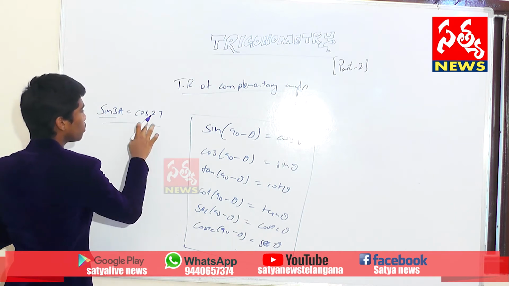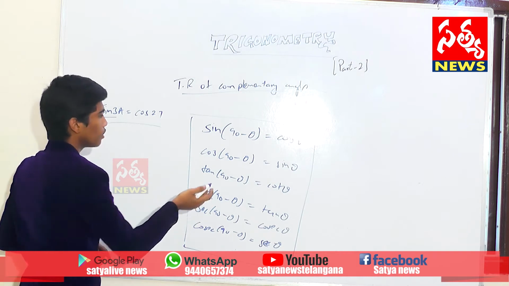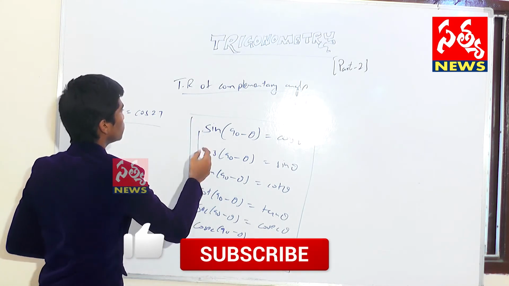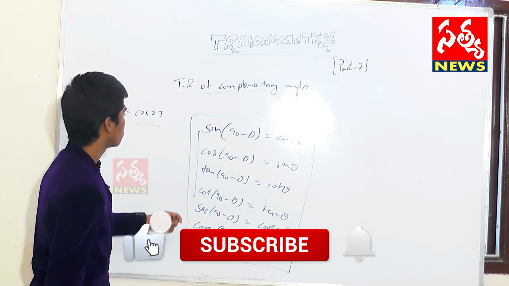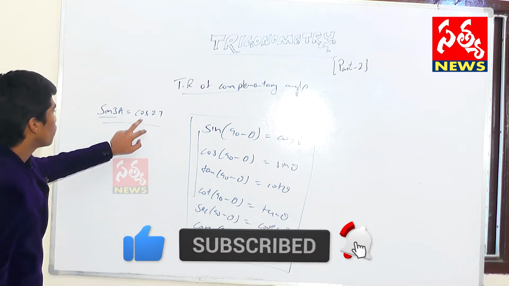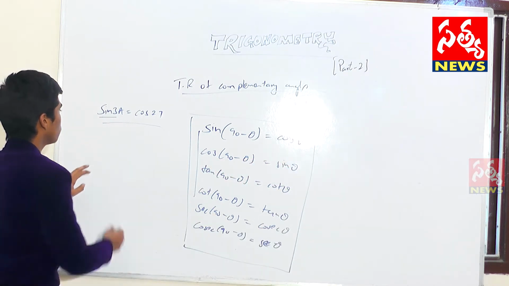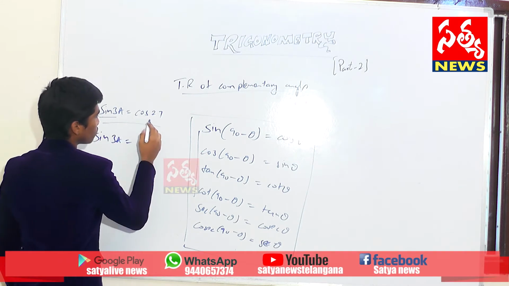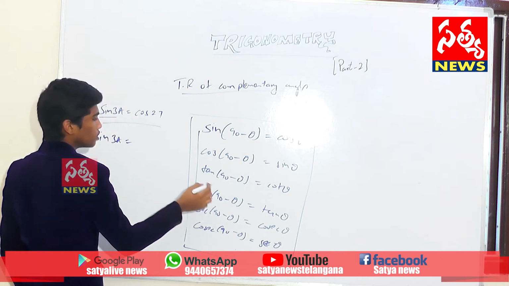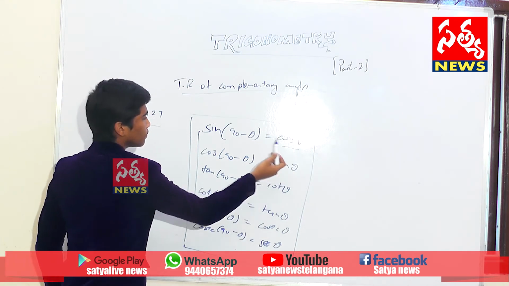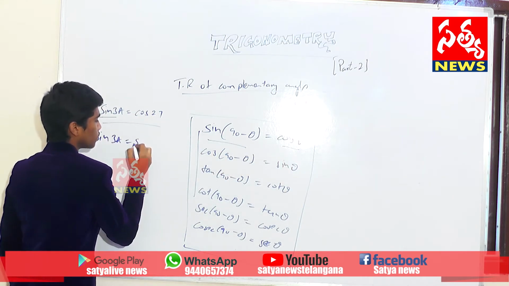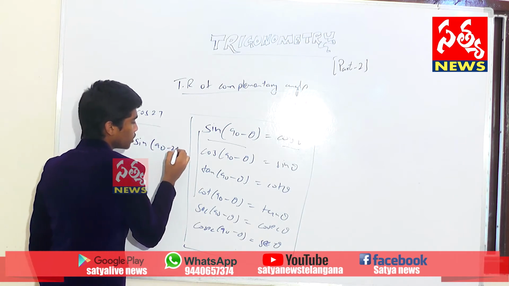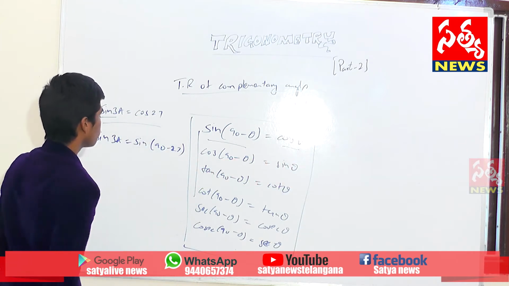So to convert sine to cos or cos to sine, we use these six trigonometric ratios of complementary angles. So see here, we can convert cos to sine. So sin 3A is equals to cos 27 can be written as, see, cos theta is equals to sine 90 minus theta. Sine 90 minus 27. We can write in this way.